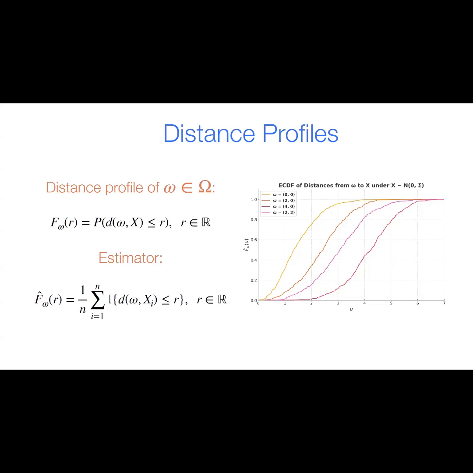So the idea is that the more central you are, the distance profiles will load more on smaller distances. And as you go further out, the distance profiles will shift to the right, with more and more weight on larger distances. And of course, this is a very simplistic situation where I'm talking about a bivariate normal distribution.